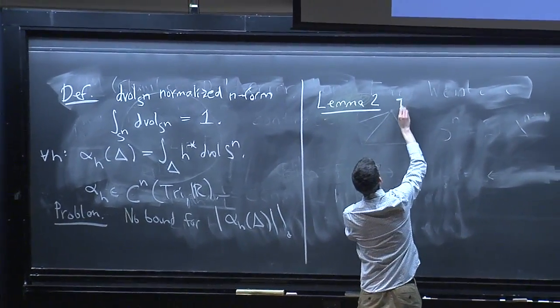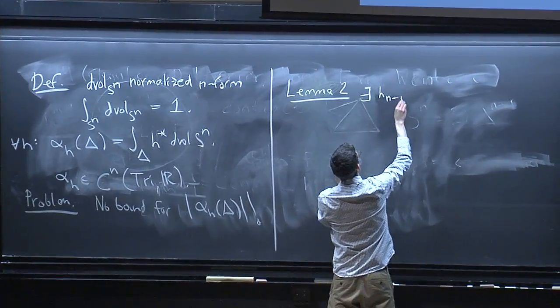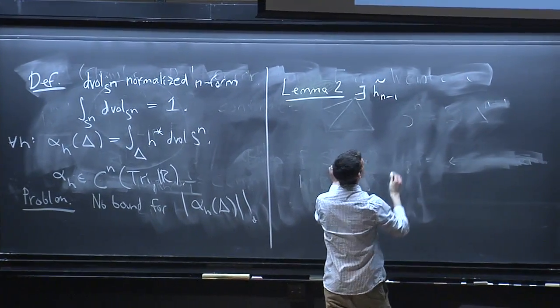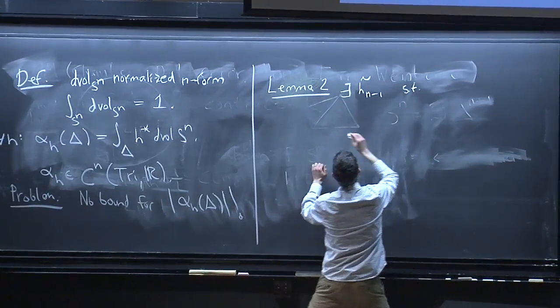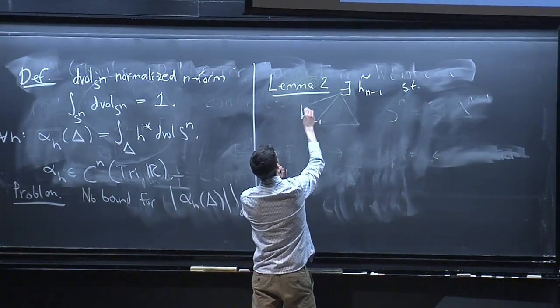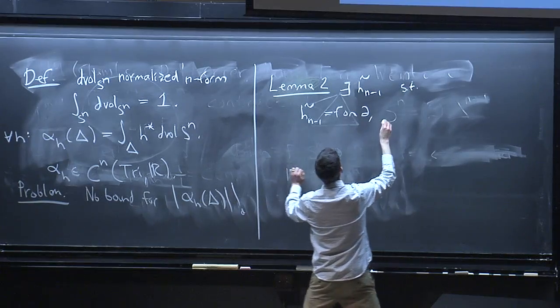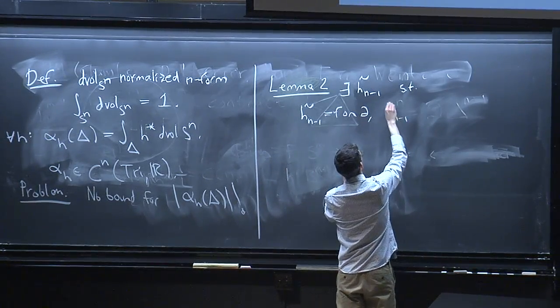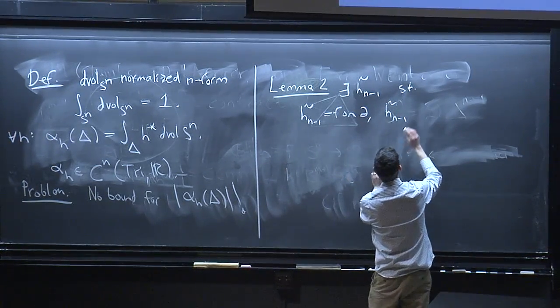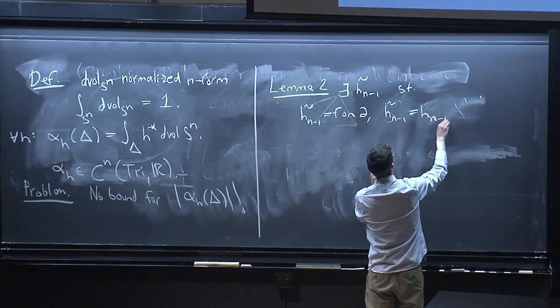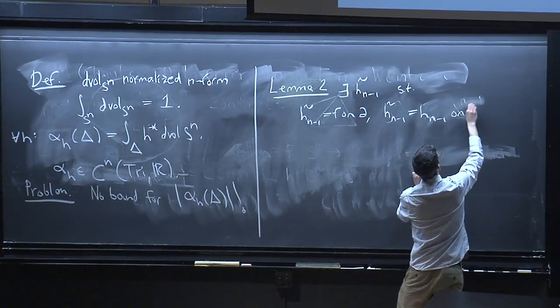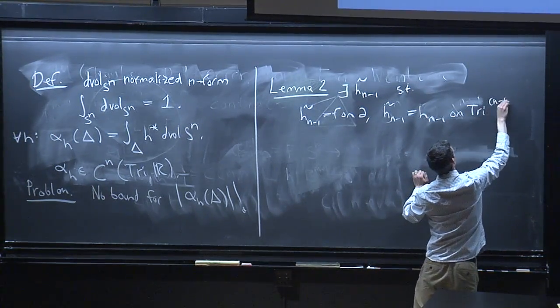There exists a map Hn minus 1 tilde so that it does the good things it did before. Hn minus 1 tilde is equal to f on the boundary, and Hn minus 1 tilde is simplicial on the n minus 1 skeleton. In fact, it's even the same as Hn minus 1 on the n minus 1 skeleton.